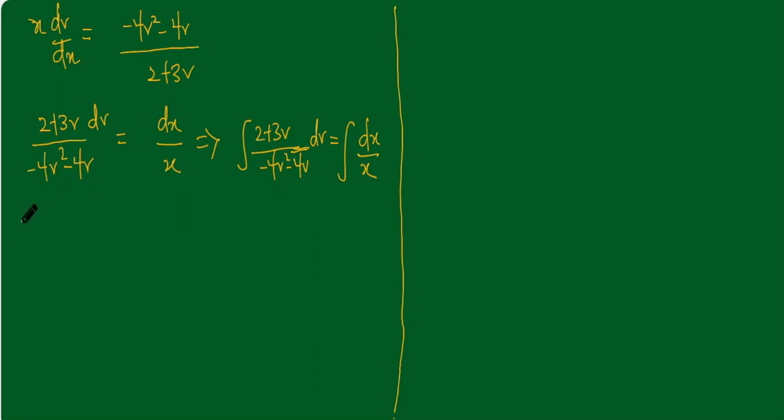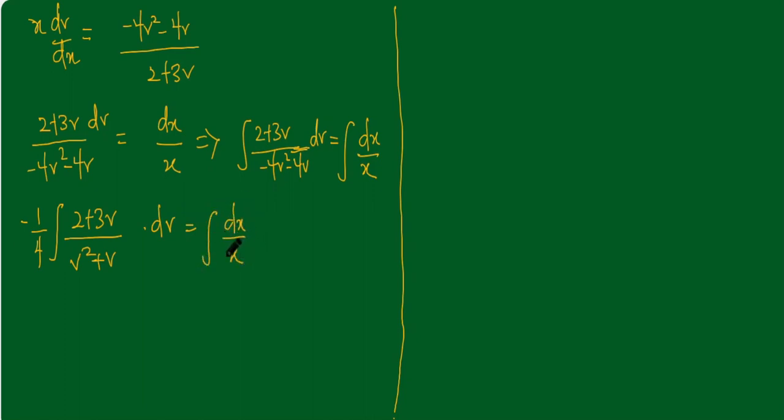So we now have minus 1 over 4. We factorize minus 4 from the denominator and 1 from the numerator into bracket 2 plus 3v divided by v squared plus v dv is equal to the integral of 1 over x with respect to x.